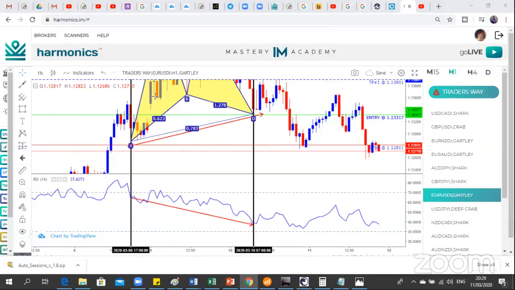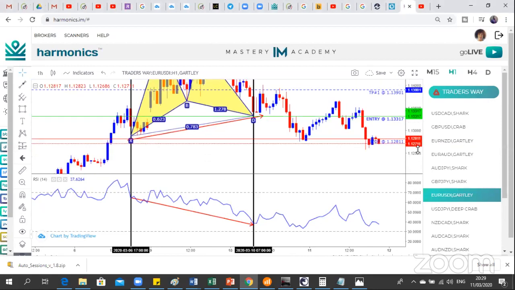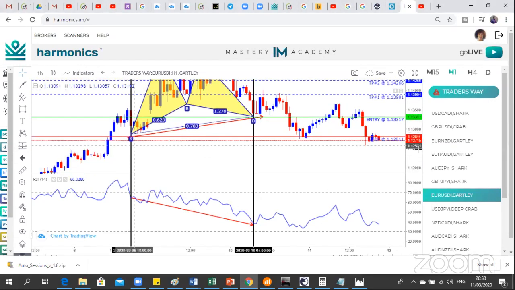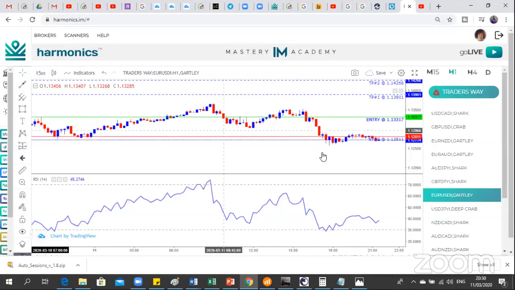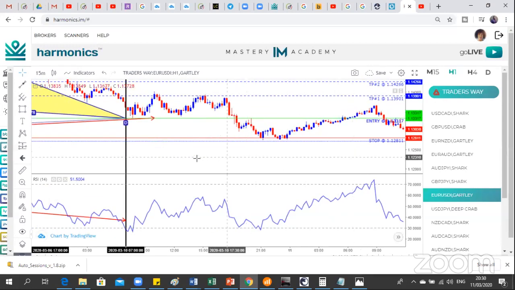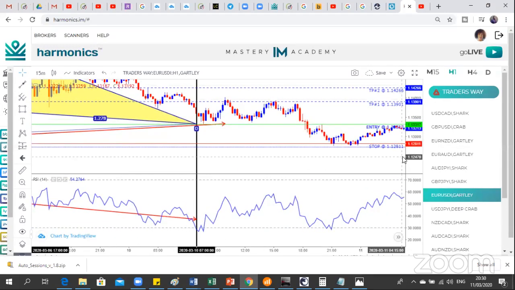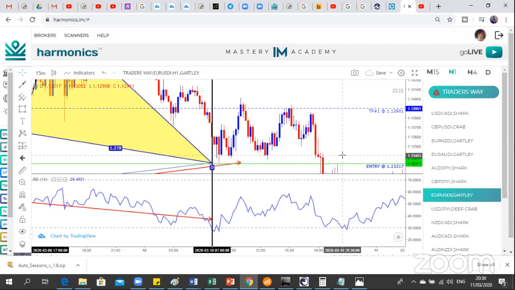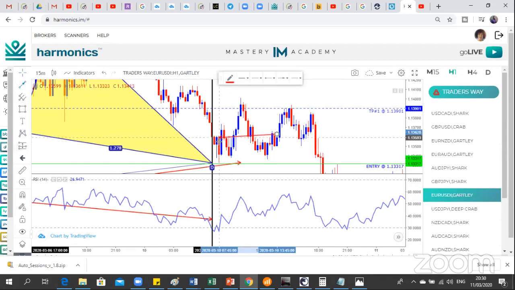Good. The stop loss is below X. Another way I will recommend is you go to the lower time frame and wait for your first blue candle, which is this.